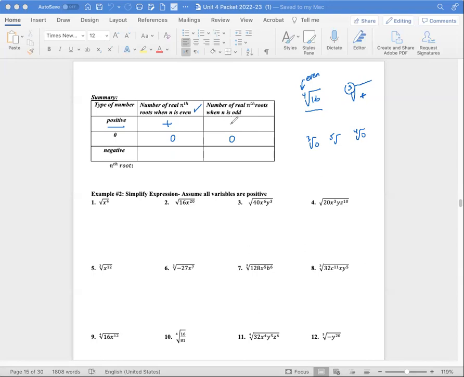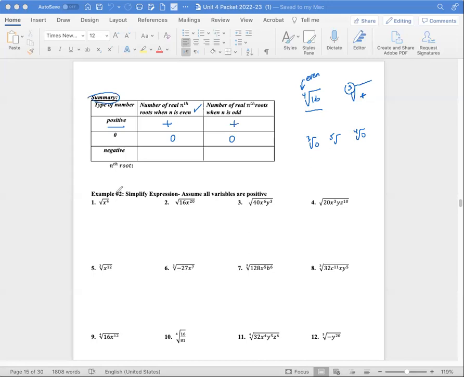Will be positive. Okay, this should not be the number of real nth root. We'll talk about this in class. I think they meant the sign. But anyway, let's skip this for now, the summary, right?